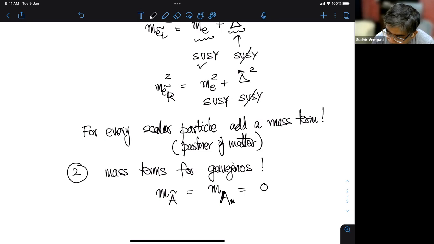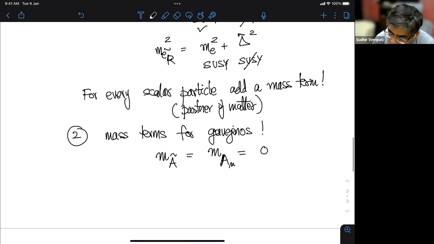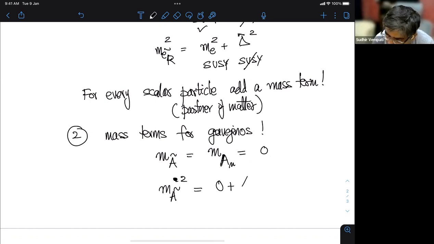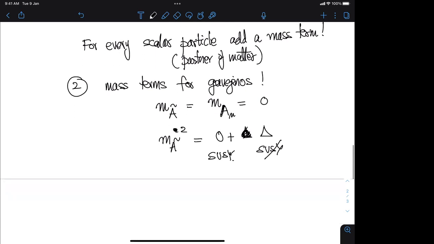Now what we are saying is m_ã squared, we can put a square because this is vector mass 0, plus some delta, which we can call m_ã squared itself as a free parameter which is non-zero. So some delta, which is SUSY breaking, and the 0 is always SUSY conserving.